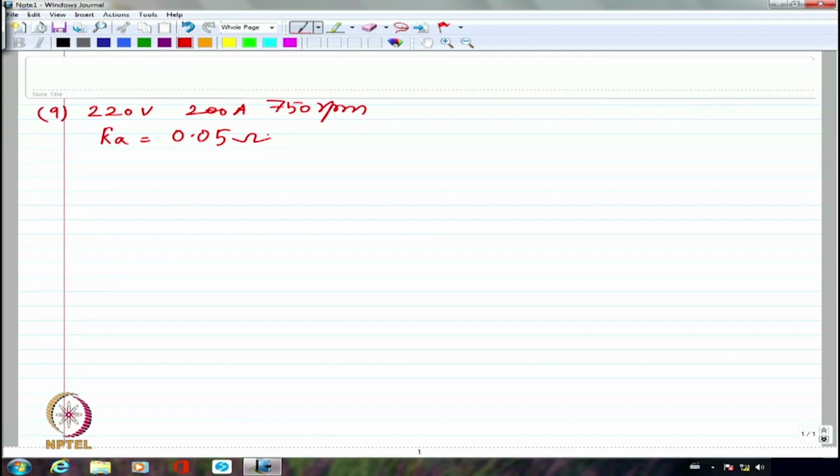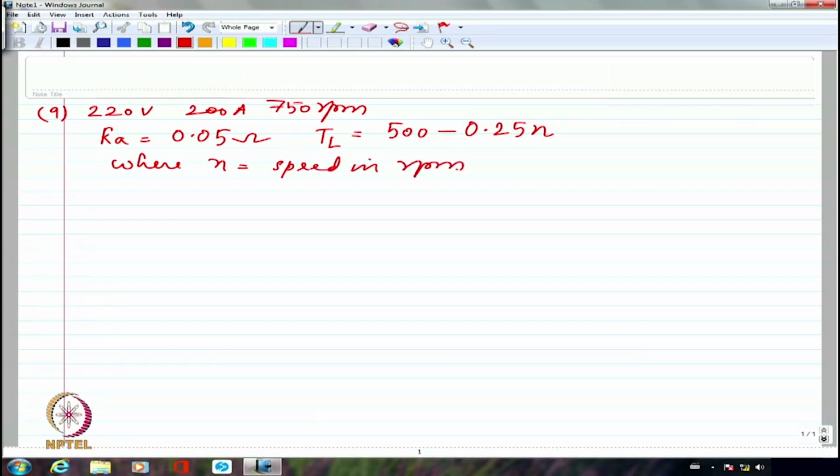And TL, that is the load torque, is given as 500 minus 0.25 N, where N equals the speed in RPM.